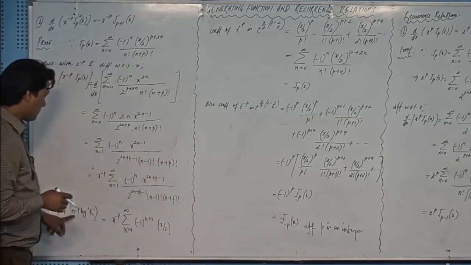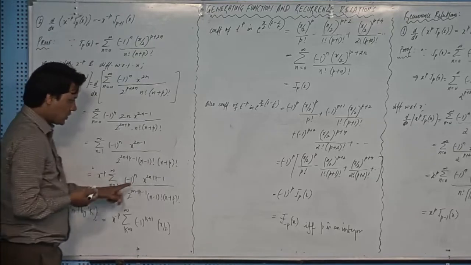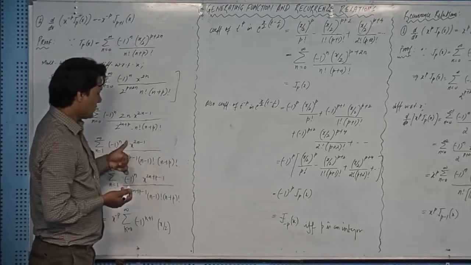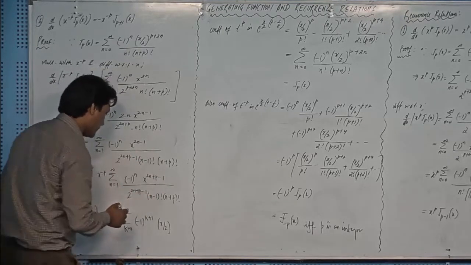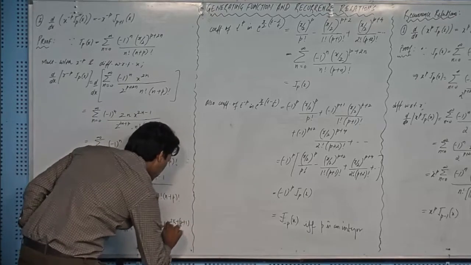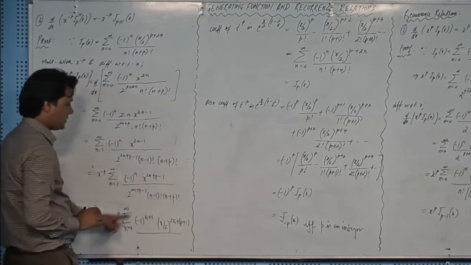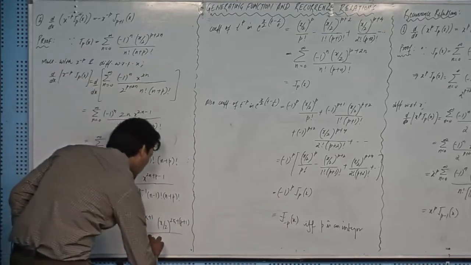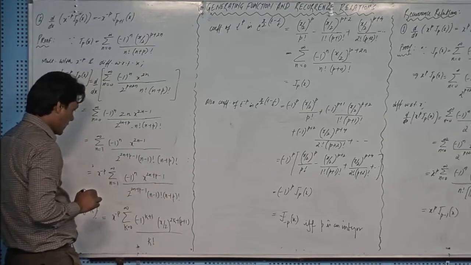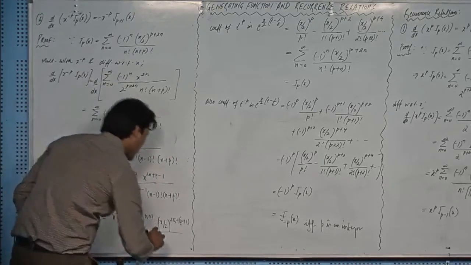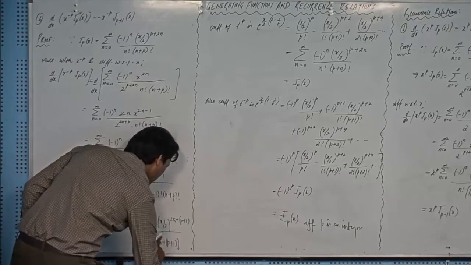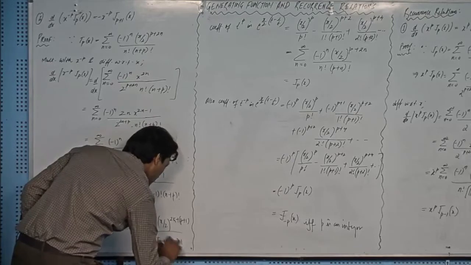2n plus p minus 1, and in place of n you are putting k plus 1, so 2 times k plus 1 plus p minus 1, so that will become 2k plus p plus 1, yeah, 2k plus p plus 1 divided by n minus 1. n minus 1 is replaced by k, so k factorial, and this is here, but n should be k plus 1, so that will become k plus p plus 1 factorial.